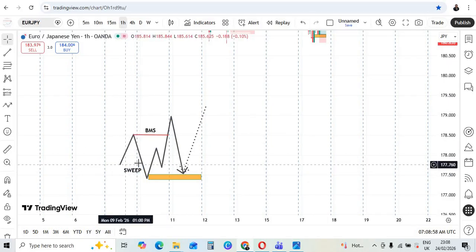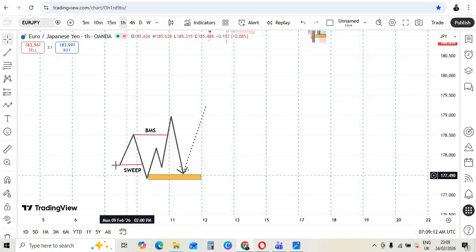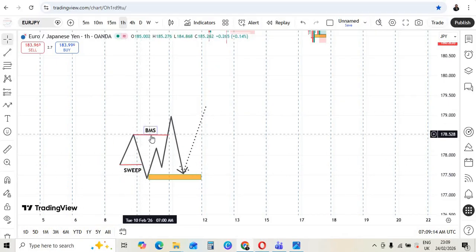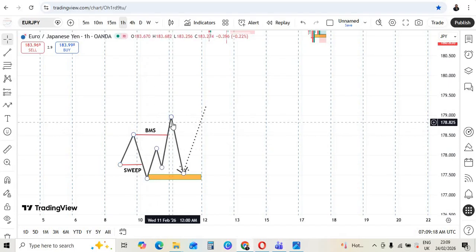This is a sweep of the last low. Please just pay attention. This is a sweep of this last low here. Now, this is a break of this last high.